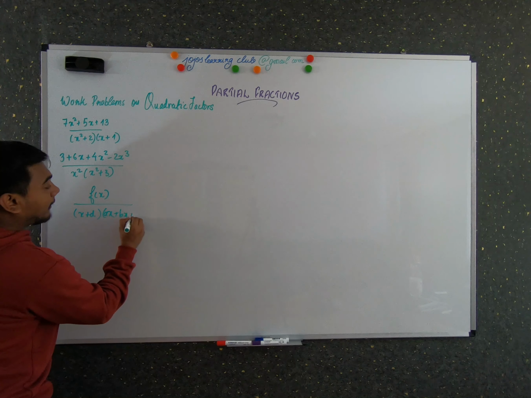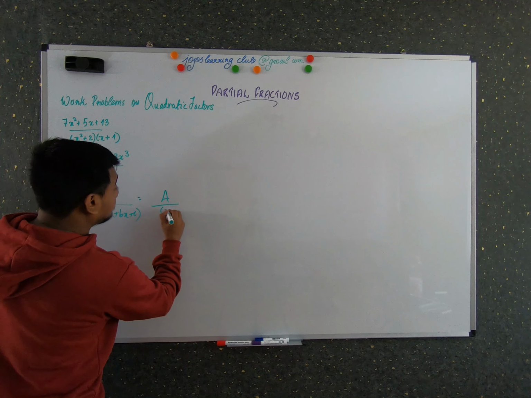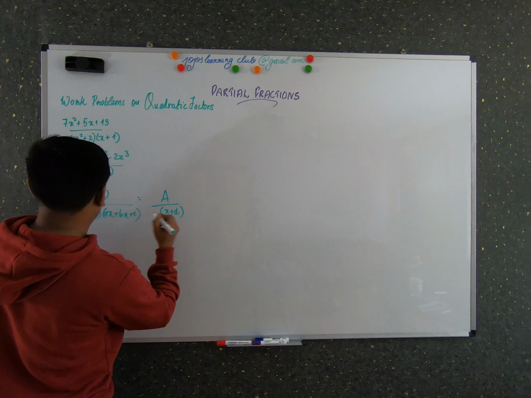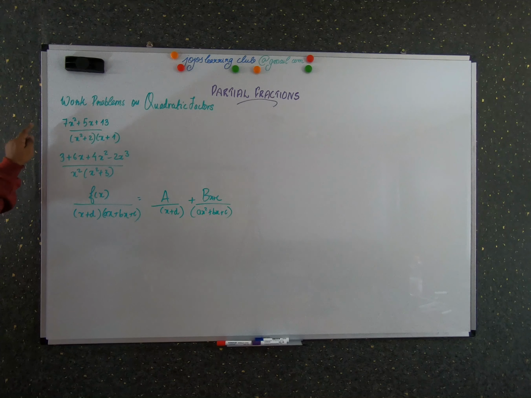So when you get a problem like that, you can make it into partial fractions as A by (x plus d) plus (Bx plus C) by (ax square plus bx plus c). So always remember this formula, then it will be very easy for you to break down this polynomial expression into partial fractions. So let's directly go and do our problems.